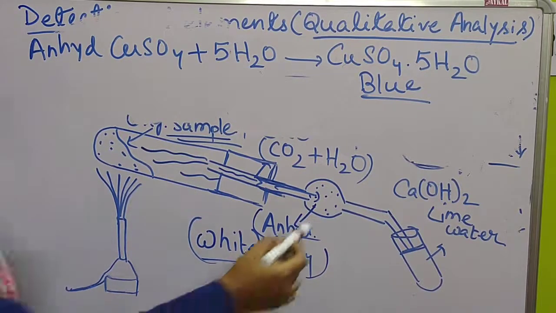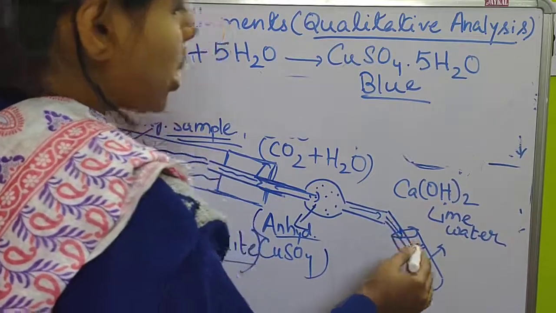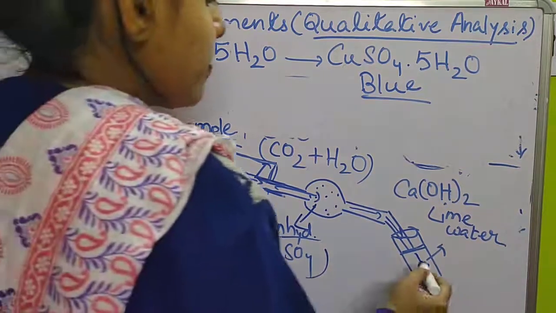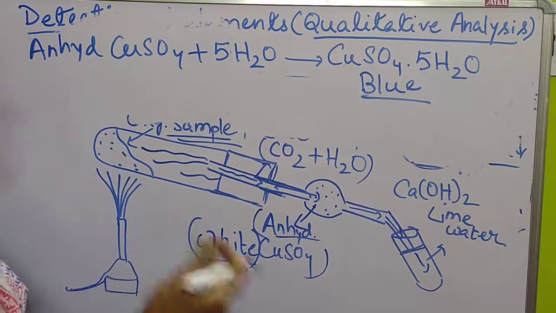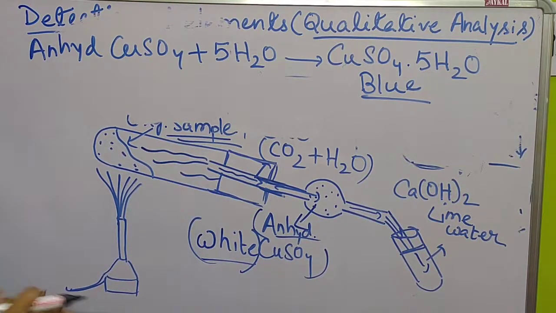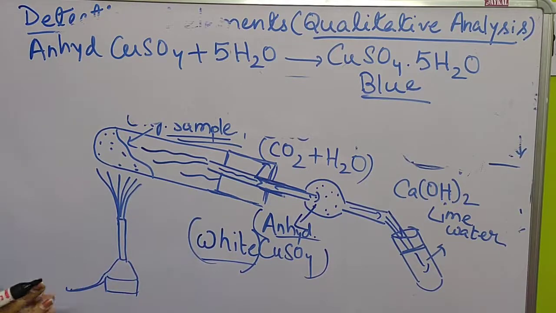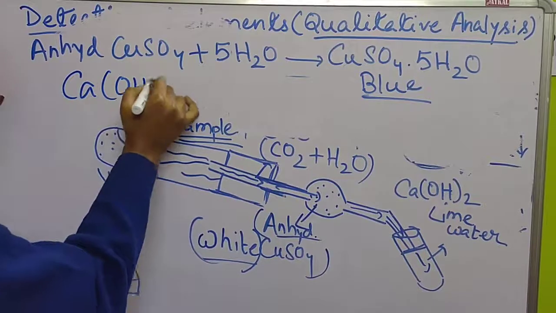Next, the remaining gaseous mixture is allowed to pass through the lime water. The lime water, which was initially clear, becomes turbid, or milky white. Why does it become milky white?